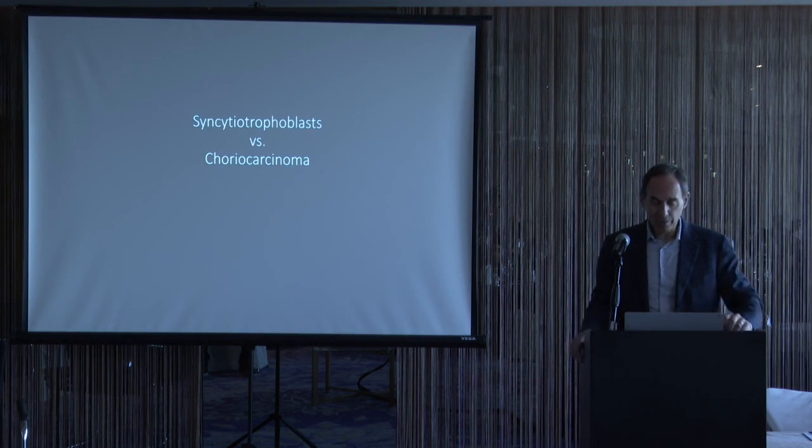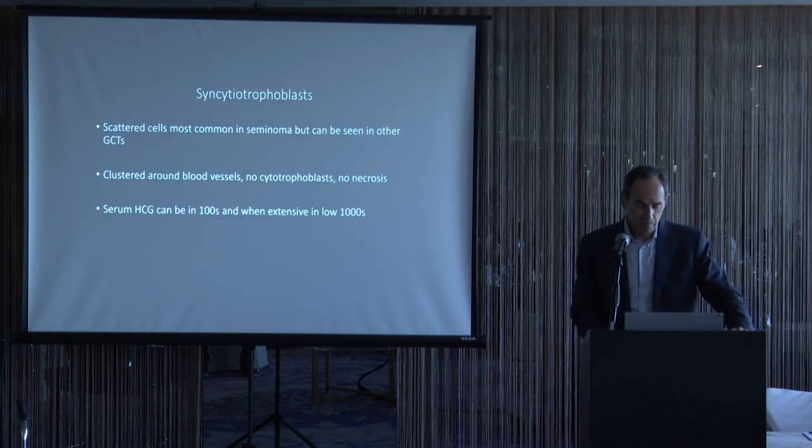So as I mentioned, another common problem in testis pathology is syncytial trophoblast versus choriocarcinoma. So it's very common to see scattered syncytial trophoblast in seminoma, but you can see it in other germ cell tumors as well. One of the things that you see with syncytial trophoblasts is they tend to cluster around blood vessels.